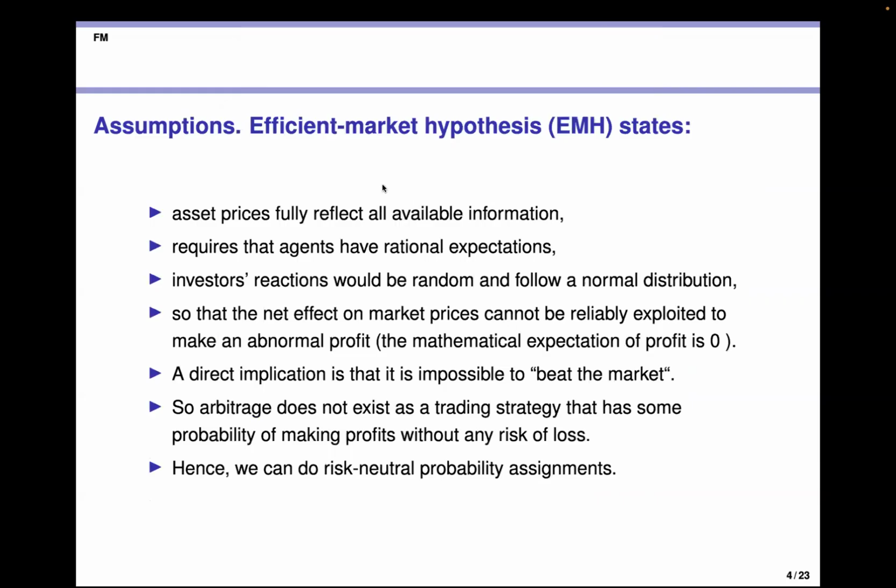To model the financial market means that we need to model a risky asset, a riskless asset, and to evaluate the price of derivatives. We assumed the efficient market hypothesis.